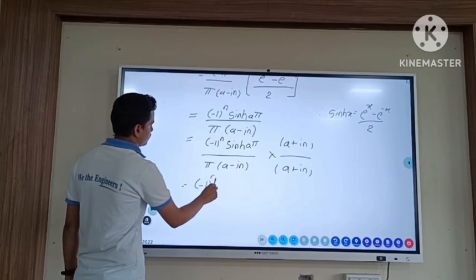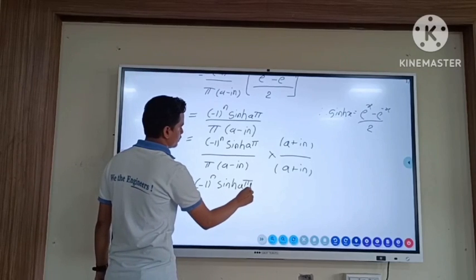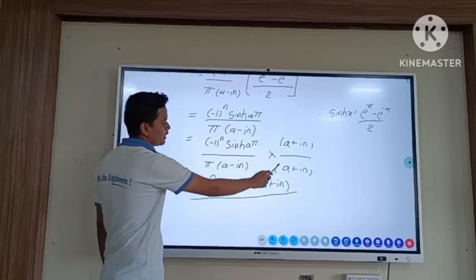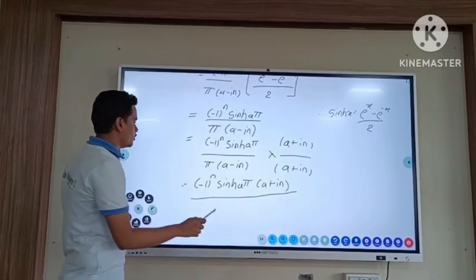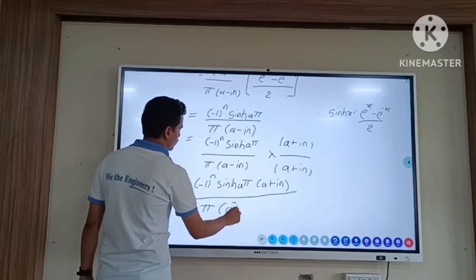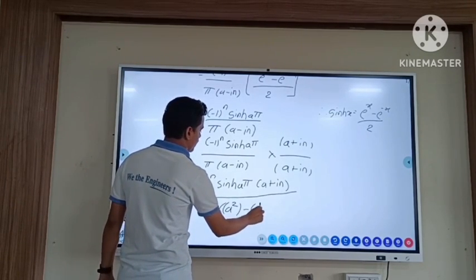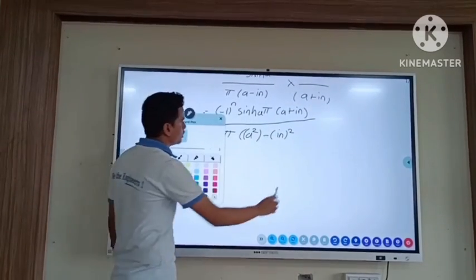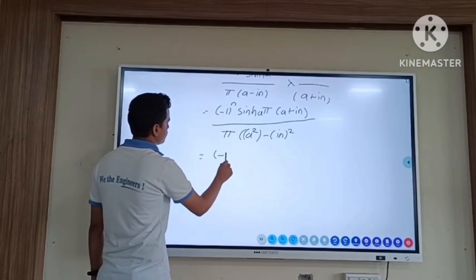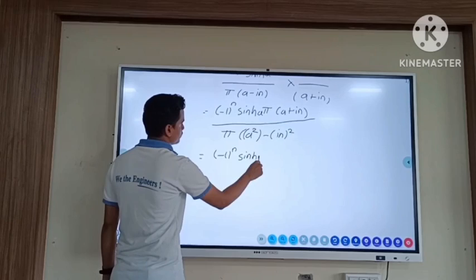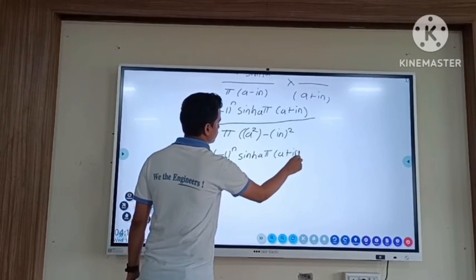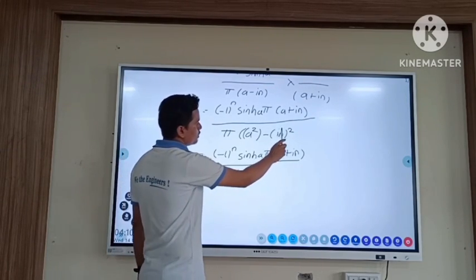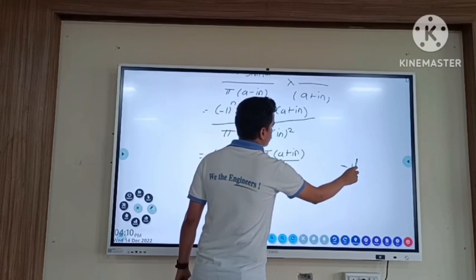Multiply this: sin hyperbolic a pi into a plus in, divided by a minus in times a plus in, which is a square minus i square n square. So pi into a square plus n square, since i square is equal to minus 1.